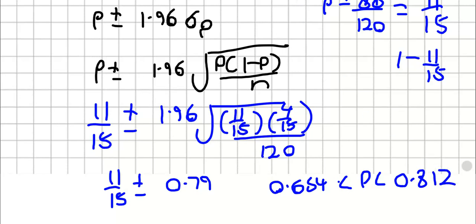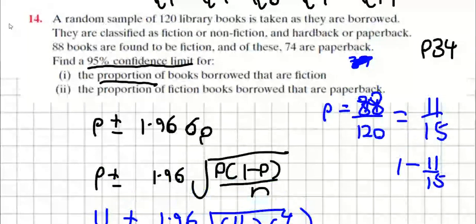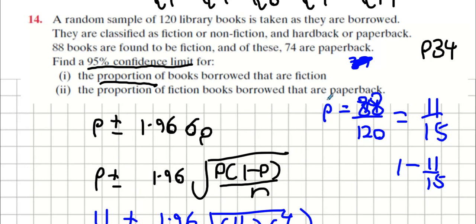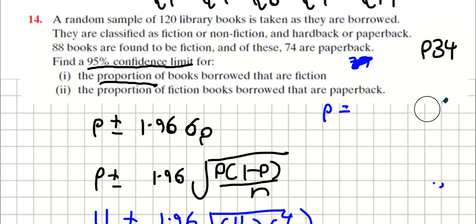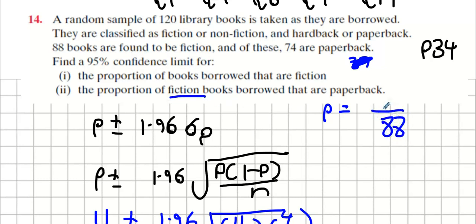You'd be asked to do the exact same question for part 2, except it's no longer 88 over 120, it's now 74 over 120. The proportion of fiction books that are paperback, so you're no longer talking about 120 anymore, because it specifically says it's the proportion of fiction books. So fiction books is out of 88, and then it's 74 out of 88.